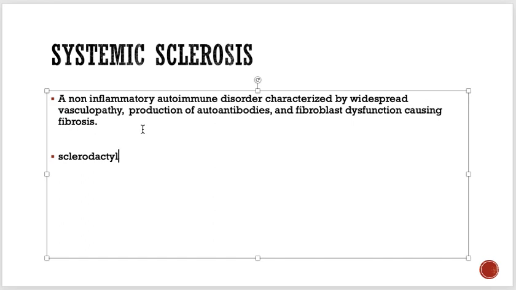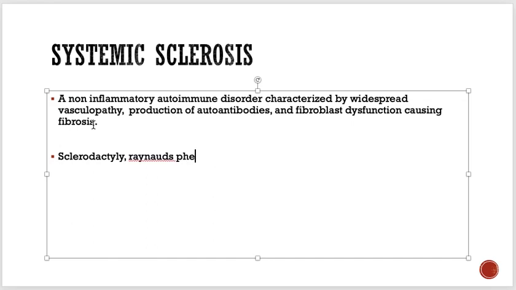Now remember, whenever there is sclero anywhere, it is basically fibrosis, right? So it is characterized by sclerodactyly with Raynaud's phenomenon.